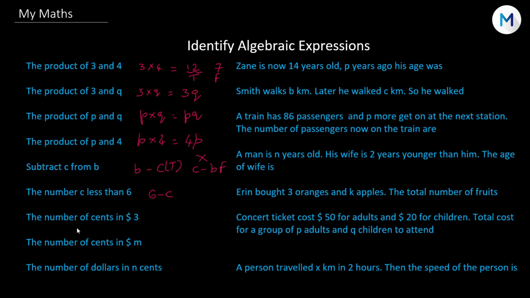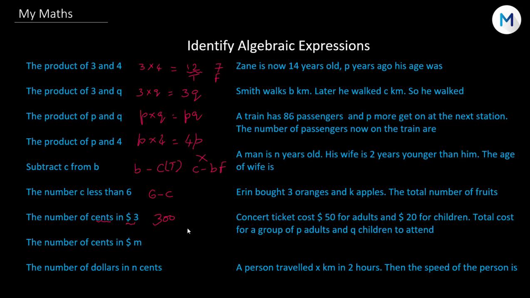Again, the number of cents in $3. If we don't know the conversion from dollars to cents, it is difficult to do this type of sums. We know that if a dollar has 100 cents, then $3 means 300 cents. So the answer will be 300, 3 times 100.